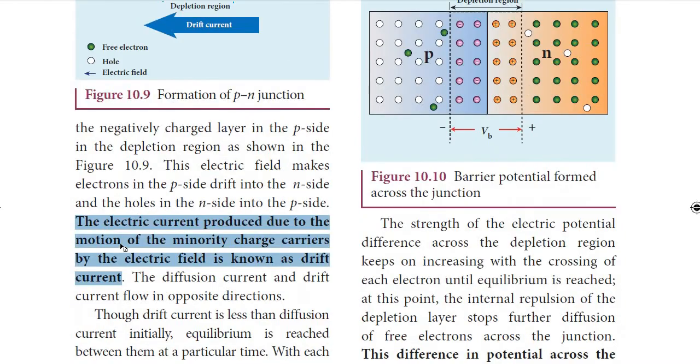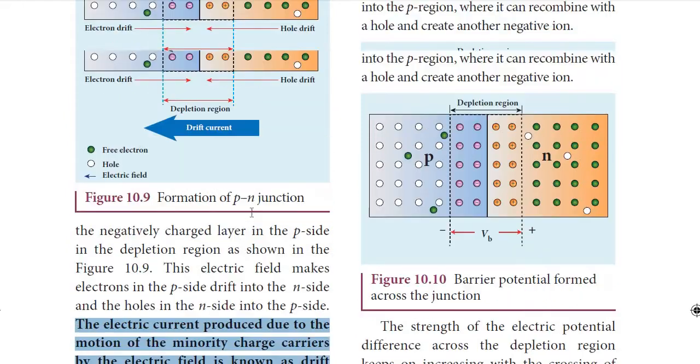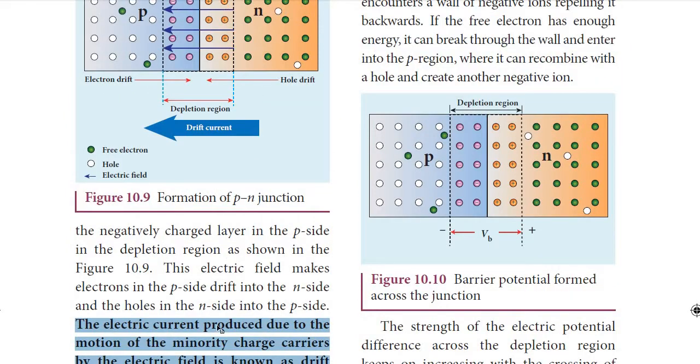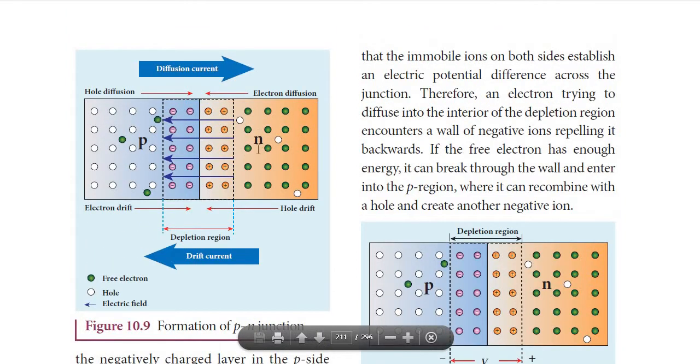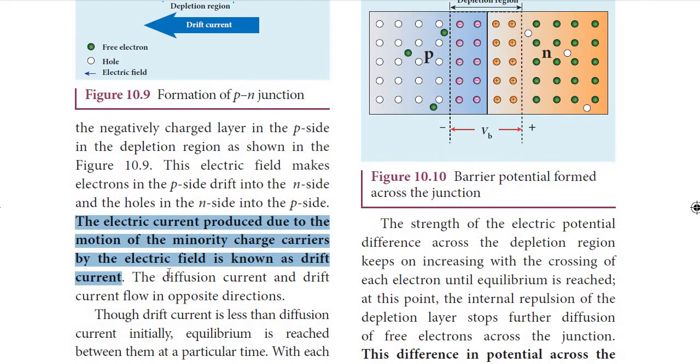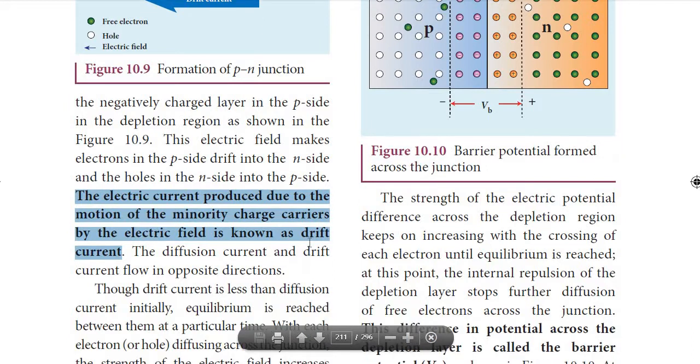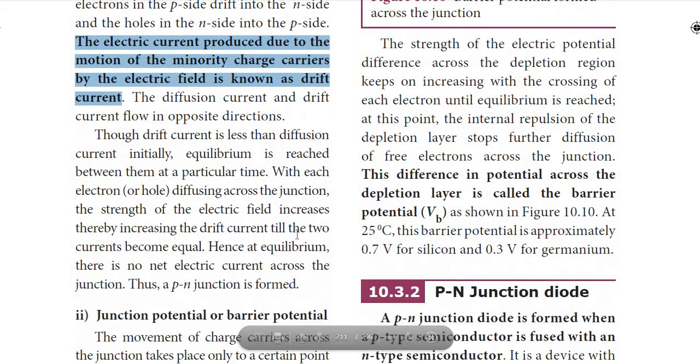So the motion of the minority charge carriers by the electric field is known as drift current.